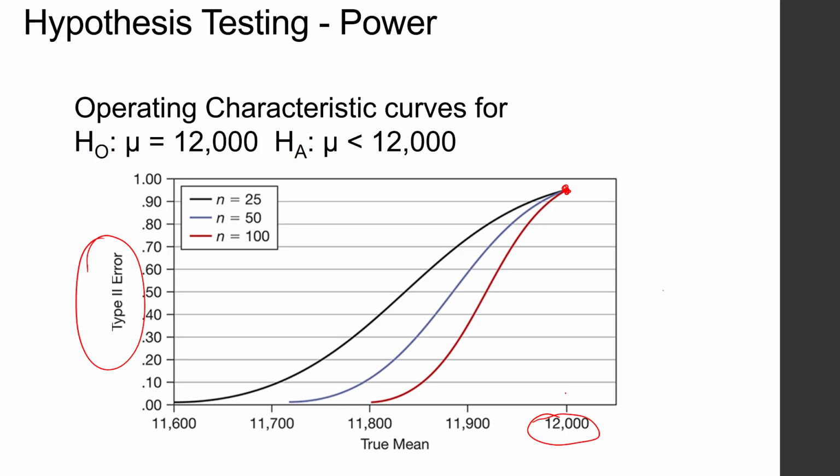But instead of the alpha level being printed here at 0.05, it's 1 minus the alpha level, 0.95. And of course, we can still tell that our alternative is less than because we're only considering values to the left of 12,000, less than 12,000. And again, your biggest sample size leads to your lowest beta, which is the highest power.